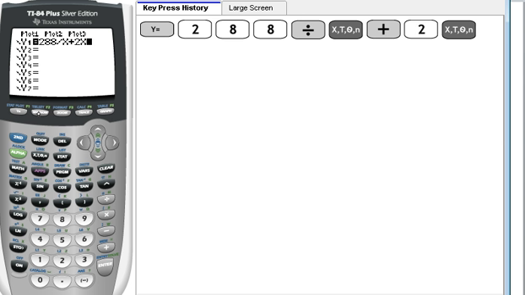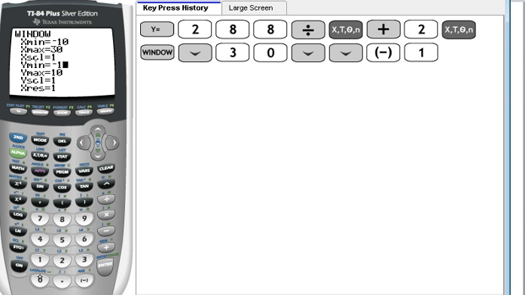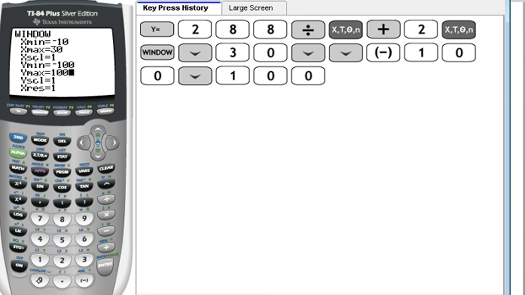We're going to have to change the window here to be able to see the function properly. We're going to let x min stay at negative 10, but x max be 30. Y min be negative 100. And y max be 100. We let the y scale go to 10.